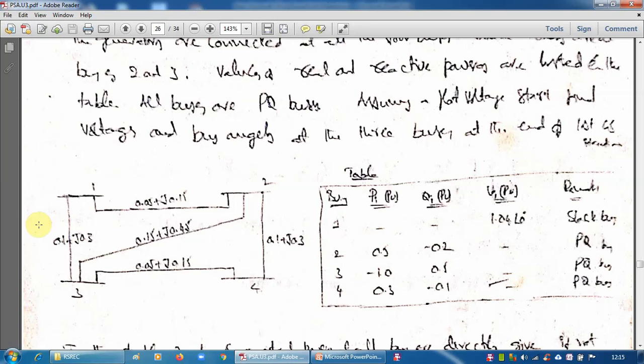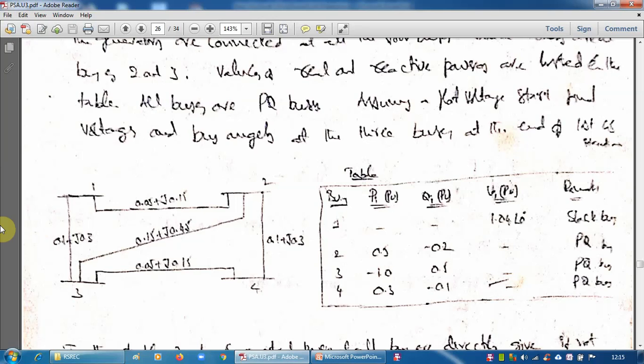This initial assumption is important. Previous experience says that initial values for bus voltage are to be taken as 1 plus j0. Assumption of bus voltage like this is known as flat voltage profile. All bus voltages equal to 1 plus j0.